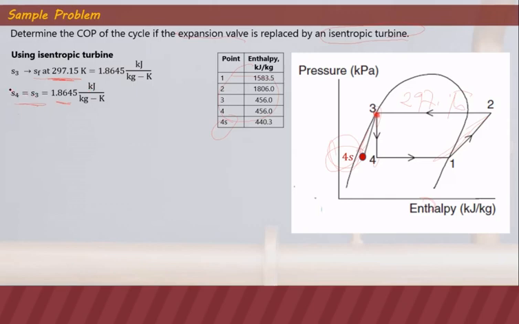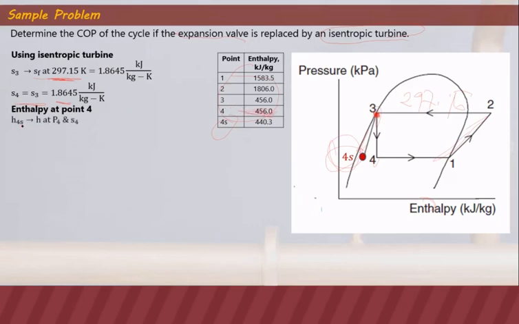We are going to use this entropy now to get the enthalpy at point 4. Instead of having a constant enthalpy process wherein point 3 and point 4 are the same, now they are not the same. So this will no longer be 456.